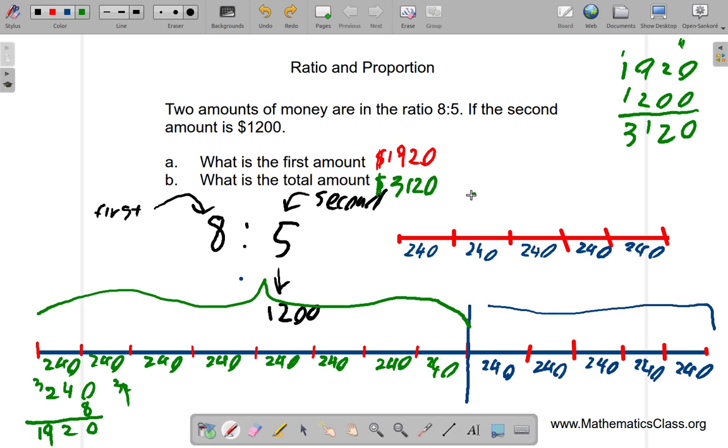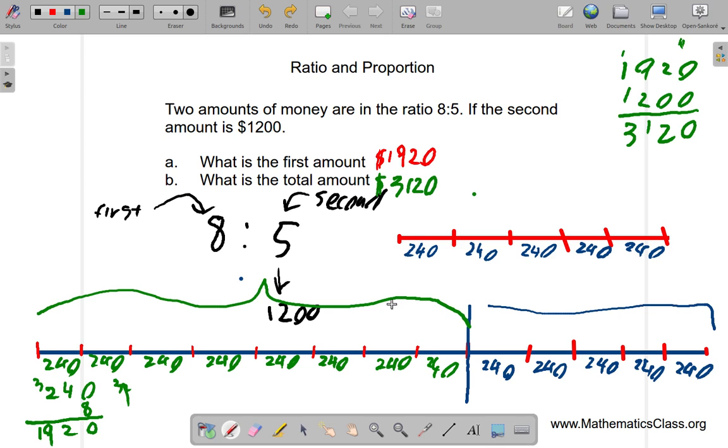Another thing you can do is, if you look at this, you have a total of 1, 2, 3, 4, 5, 6, 7, 8, 9, 10, 11, 12, 13 parts. And you could also add the 8 up here and the 5, you get 13 equal parts.